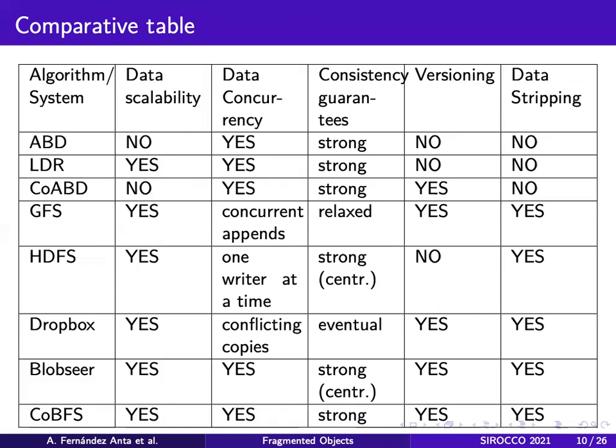HDFS and Blobseer ensure strong consistency using centralized modules. So we want a system that provides concurrent access to its clients without sacrificing strong consistency, nor using centralized components.